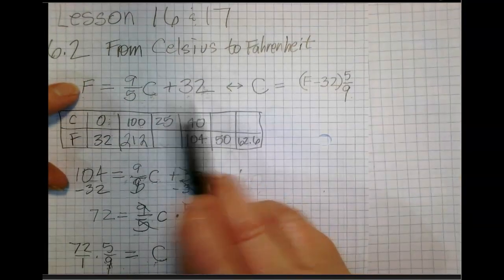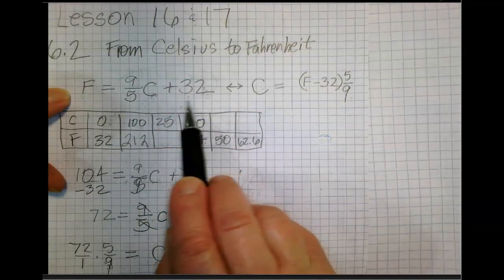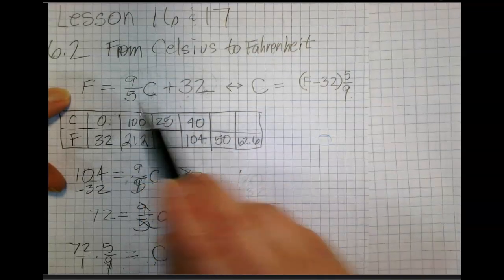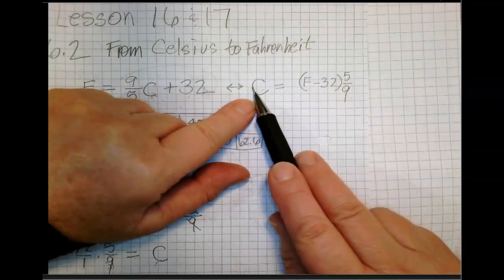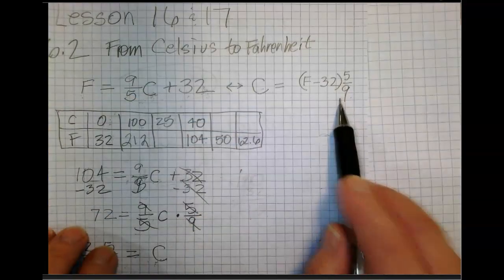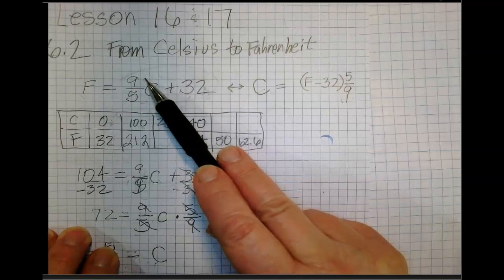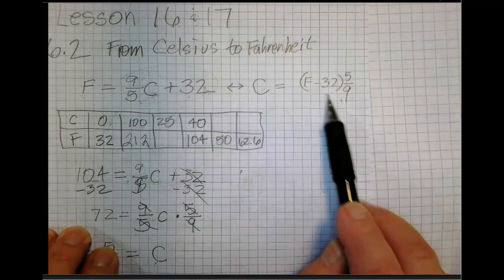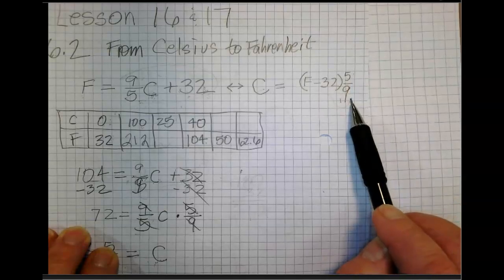Here we have F on one side, and here's our equation. Here we have C on one side, and here's our equation. Notice how in this equation we're multiplying by 9/5. Here we're multiplying by 5/9.